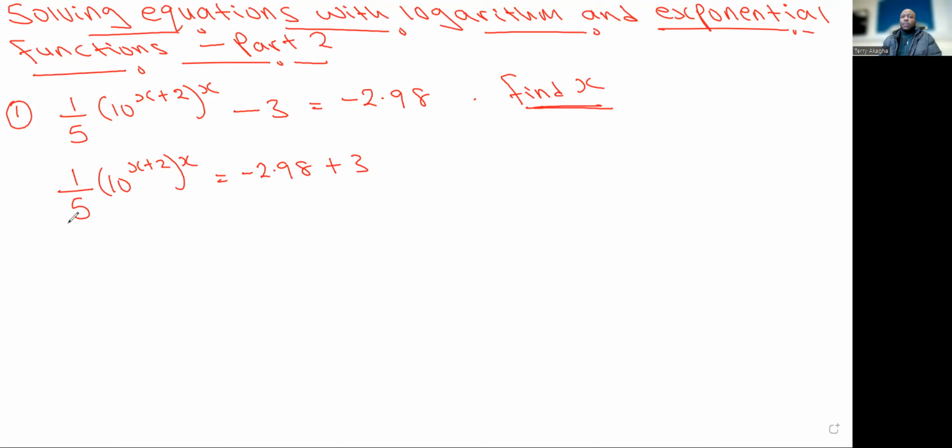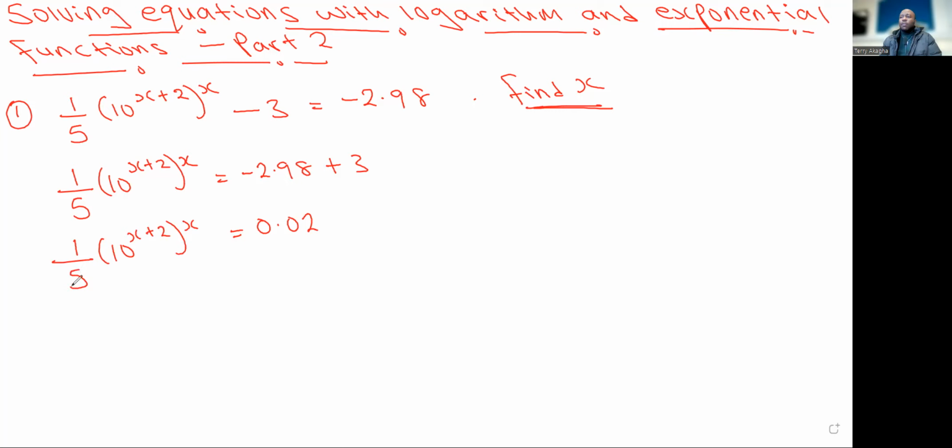Now I need to get rid of this 5, okay? So then I'll multiply both sides by 5, okay? But before I do that, let me get the final answer for this. So if you press your calculator, minus 2.98 plus 3, that should give you 0.02. So that'll become 1 over 5, 10x plus 2 all raised to power x.